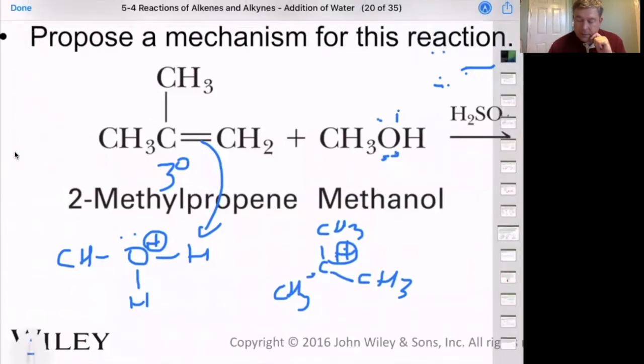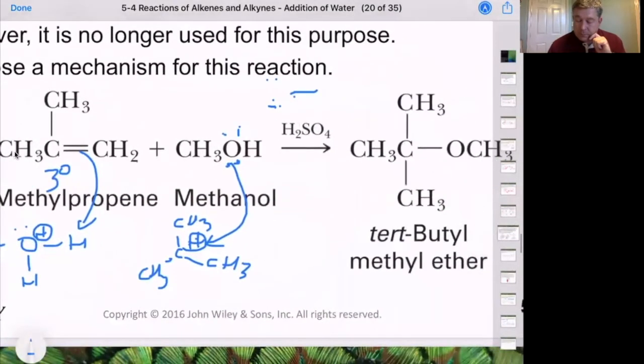These electrons will go and attack that carbocation, giving us our intermediate, where we have a new carbon-oxygen-carbon bond. So that's going to give us an intermediate species with a hydrogen here and a plus charge. And when that plus charge goes away, we'll be left with our neutral ether species. We'll talk about that a little bit more in lecture.